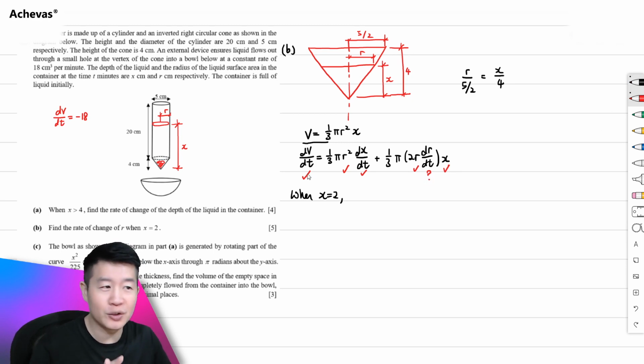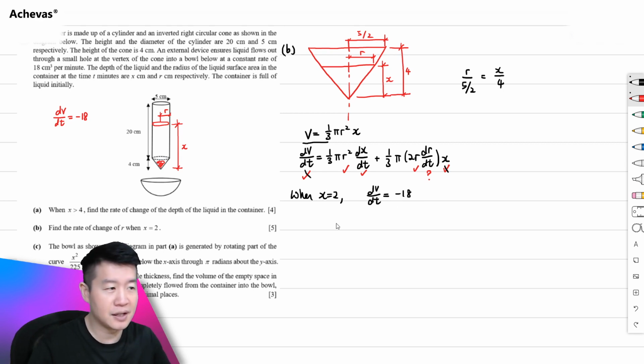So I'm going to one by one cross out the quantities that I'm going to be finding. The first quantity that I'm going to cross out is this, because x is already equal to 2. The next one that I can cross out is dV/dt, because the question tells me that dV/dt is minus 18.